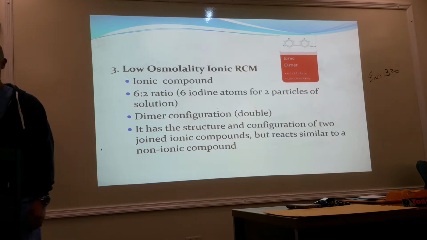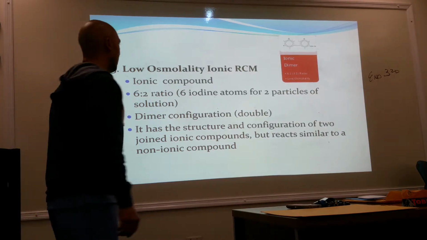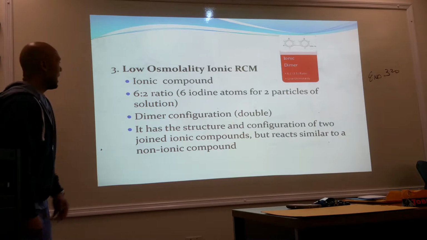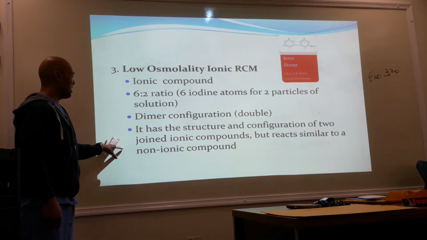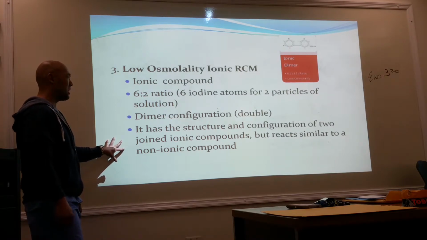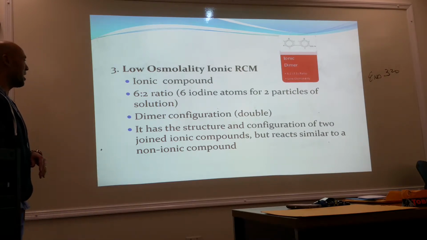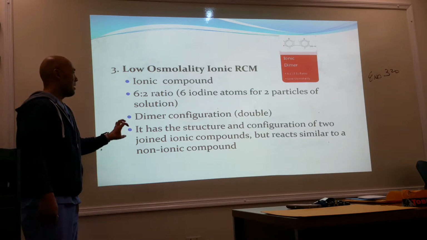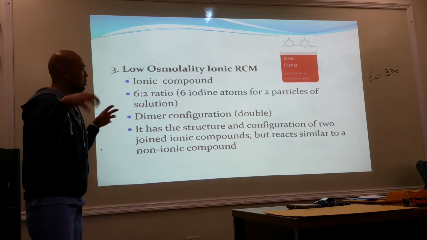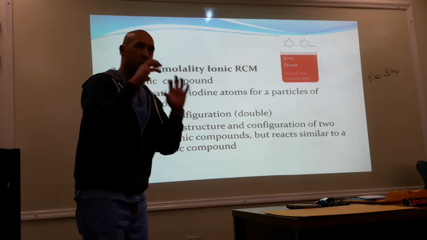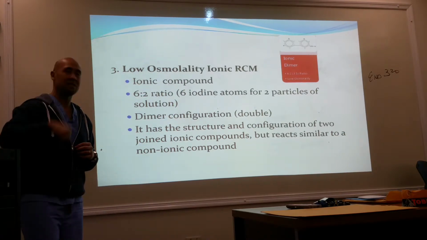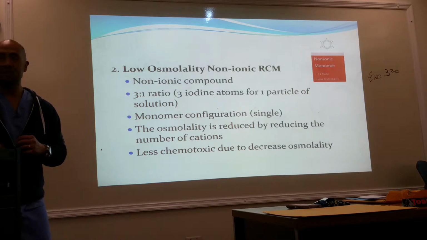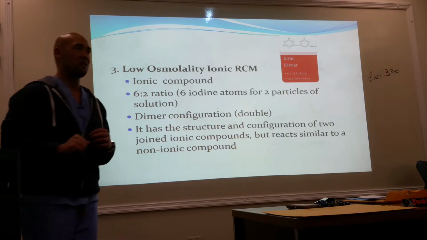Okay, low osmolality, ionic. It has the same structure and configuration of joint ionic compounds, but it reacts similarly to a non-ionic. In other words, because of the way they were able to bond these molecules, they were able to gain back some of that opacity that they lost under this configuration, and it's least toxic.